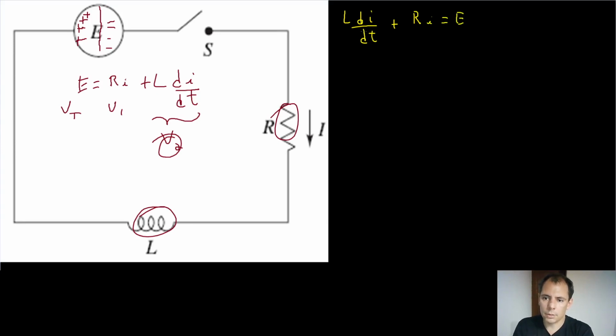Well, we're just going to isolate this dI/dt, okay, so I'm going to divide everything by L. So this L has to come here, and it has to come here. And now I'm going to divide here and divide here.